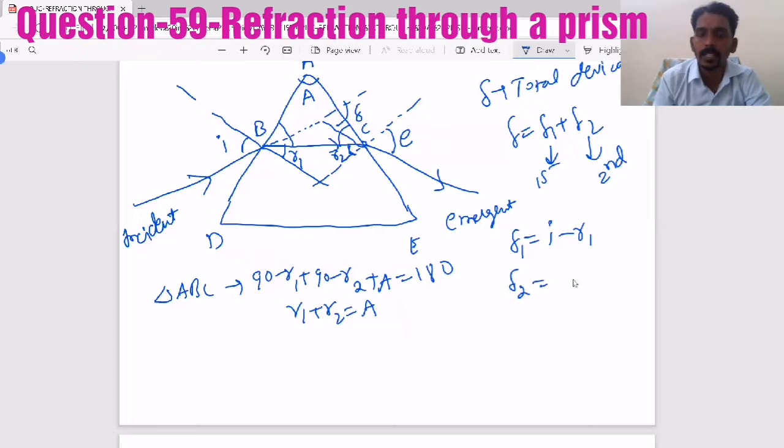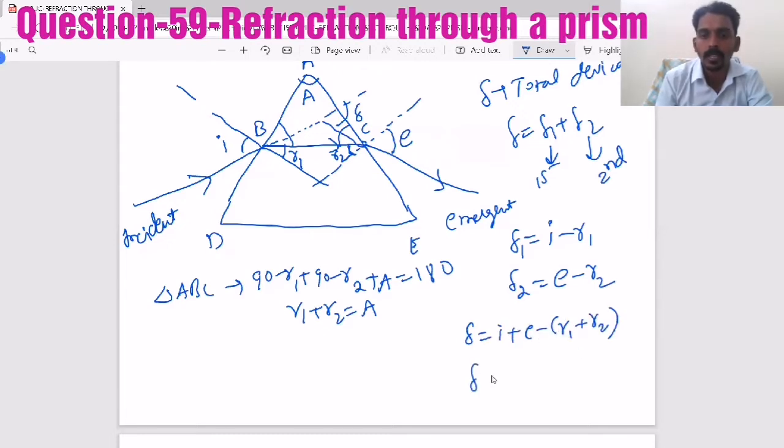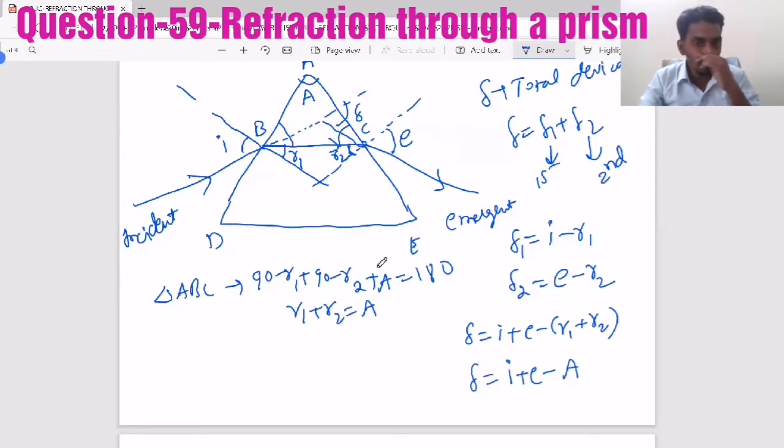Then for the second case, denser to rarer, so E minus R2. So the total deviation is I plus E minus (R1 plus R2), nothing but I plus E minus A. So this is the deviation produced by a prism when a light ray passes through it.